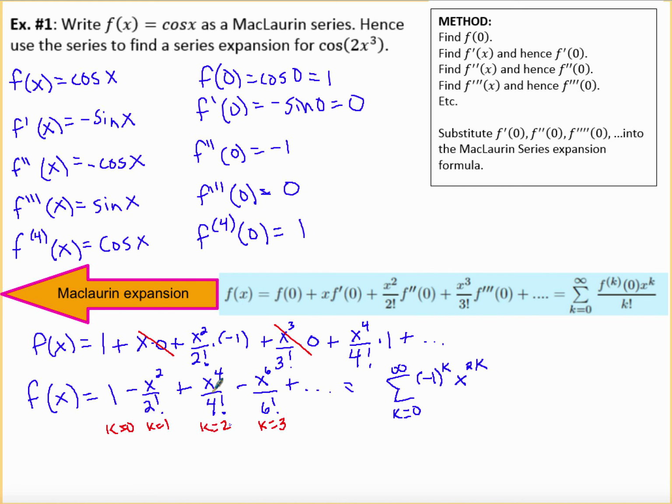Am I generating an x to the 4th power that's positive? Well, let's see. Negative 1 squared is positive 1. And x to the 2 times 2 power is x to the 4th. Don't hold your breath here. We're not done because we're totally ignoring the denominator here, this factorial thing. Well, that's just going to be k factorial.